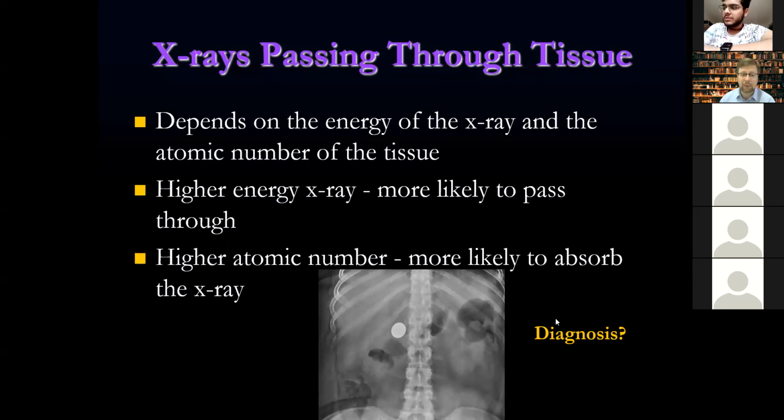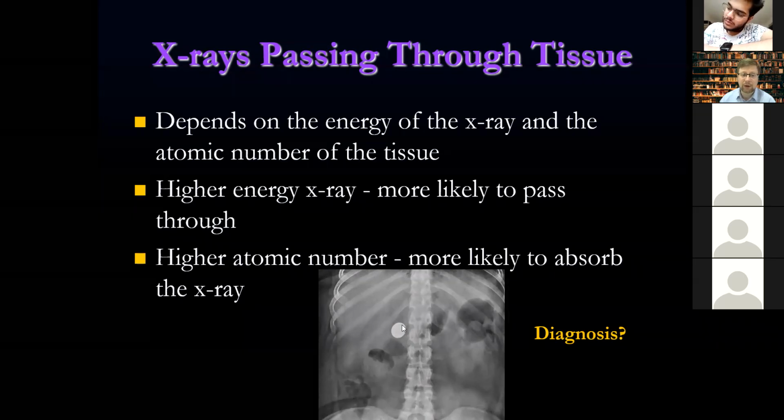A high atomic number is more likely to absorb the X-ray wave. So as you can see here, the metal with a high atomic number, compared to the organic parts of the image, compared to the tissues, this region completely absorbs the X-ray waves and does not let them pass through this region.